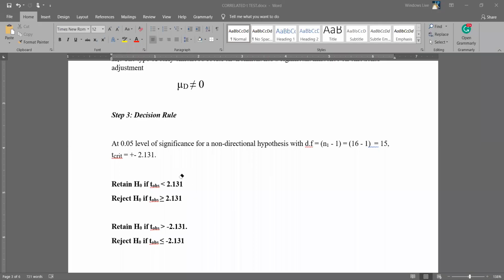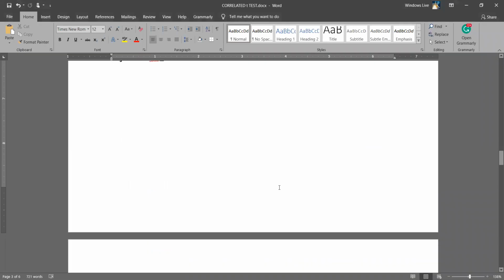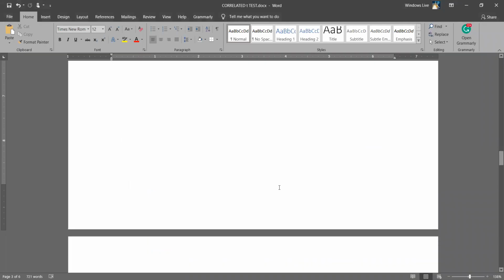In order not to confuse yourself, try and grasp one of them, whether you are trying to understand only the positive one or the negative one. So when you are doing the opposite, you just change their signs. That will help you. Okay. All right. So that's when it comes to step 3, if there are no questions.